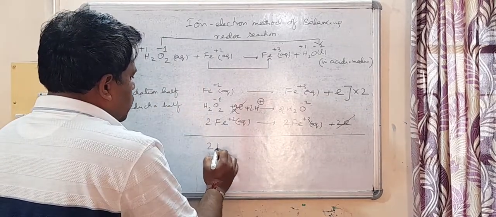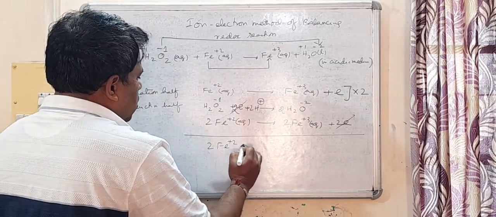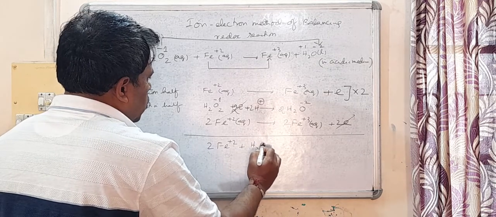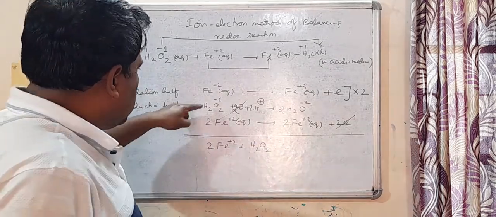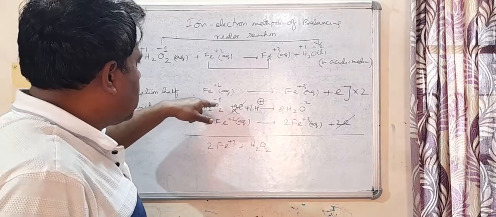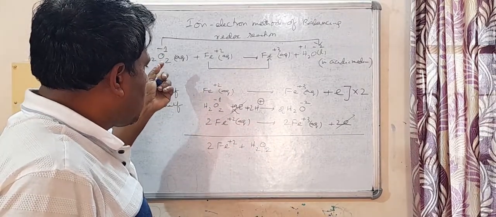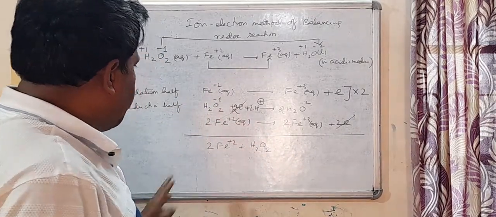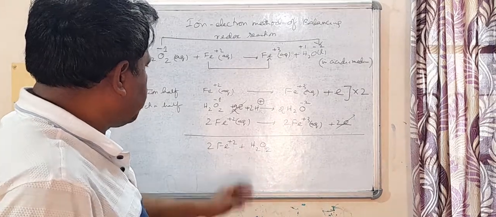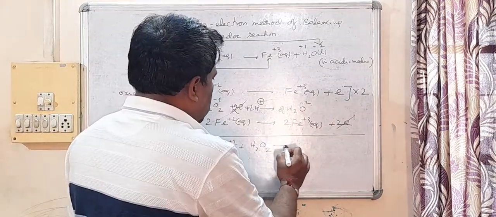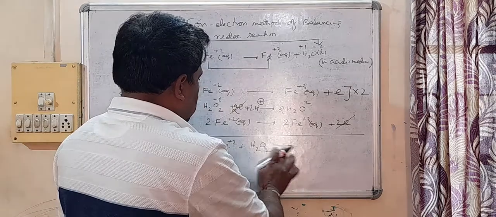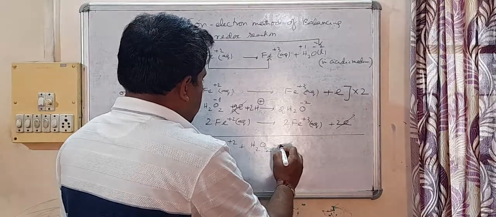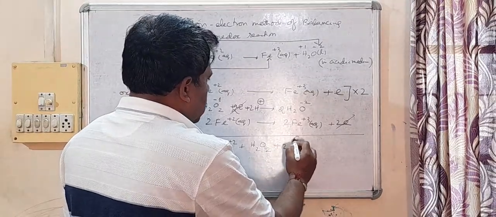So we have 2Fe²⁺ + H2O2 + 2H⁺ → 2Fe³⁺ + 2H2O. We don't have to write these charges of oxidation number because we had used them for the oxidation number work, which is already done. So we write only the substance.